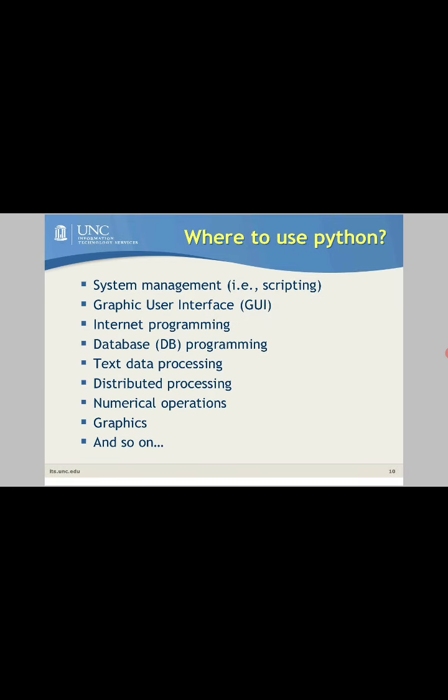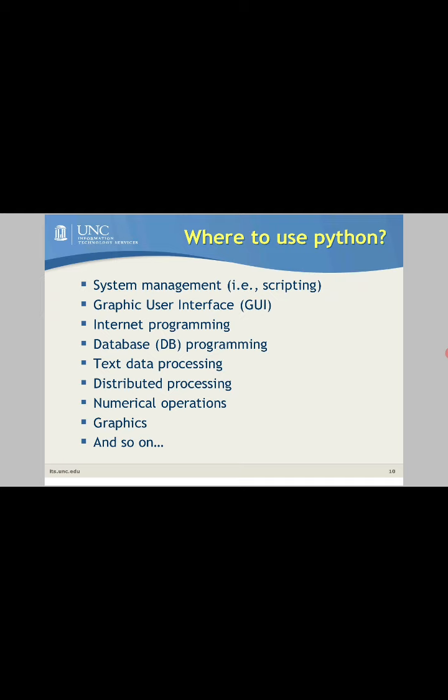Next one is where to use Python. What are the different areas to use Python? System management, that is scripting, and graphical user interfaces, meaning GUI based applications like Windows based applications.